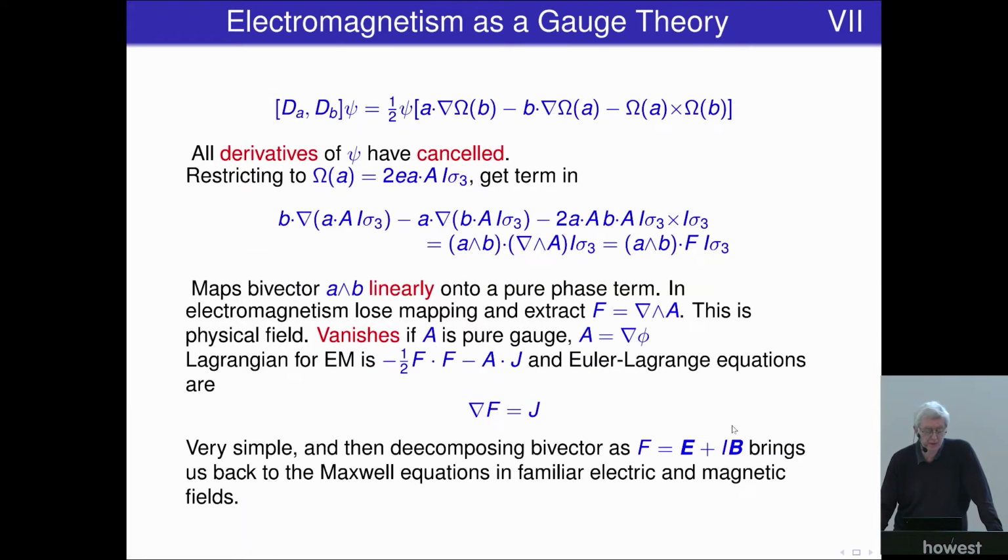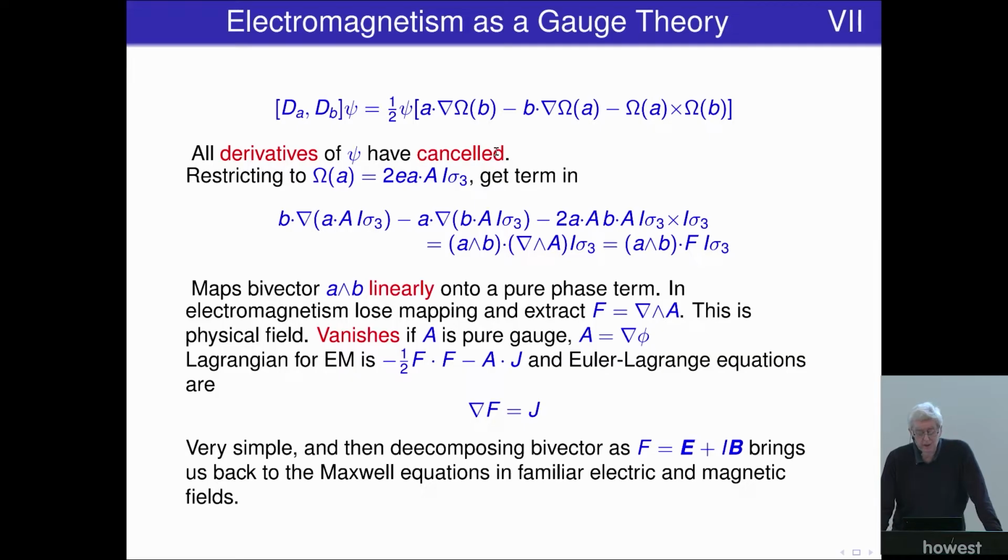If A and B are constant vectors, then you can work out the commutator dA dB acting on a general psi for these rotors at the right, and you find that all derivatives of psi cancel in this, and you get this thing over here to the right of psi, A dot grad omega B minus B dot grad omega A minus omega A cross omega B, in which all the derivatives of psi have cancelled.